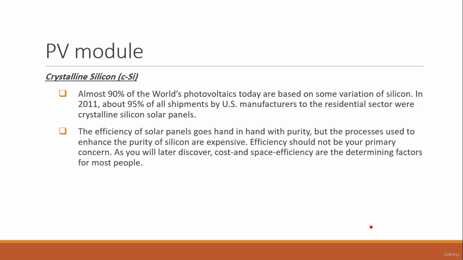The efficiency of solar panels goes hand in hand with purity, but the process used to enhance the purity of the silicon could be more expensive. So efficiency shouldn't be your primary concern, as you will later discover, cost and space efficiency are the determining factors for most people.